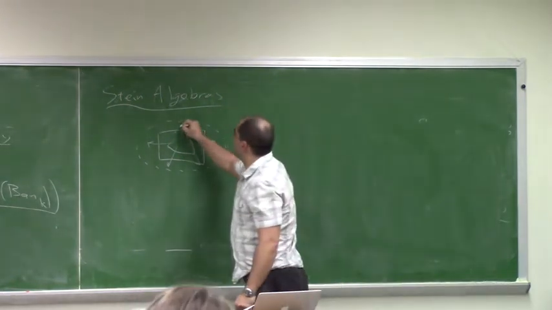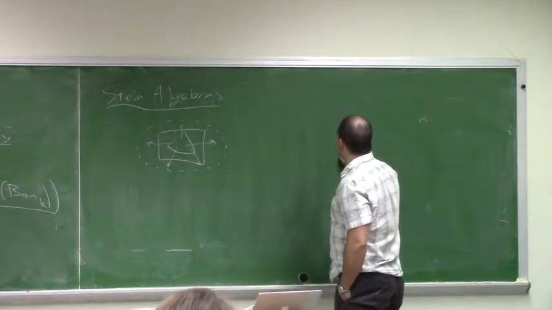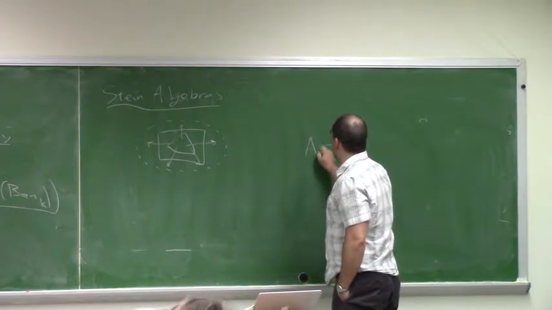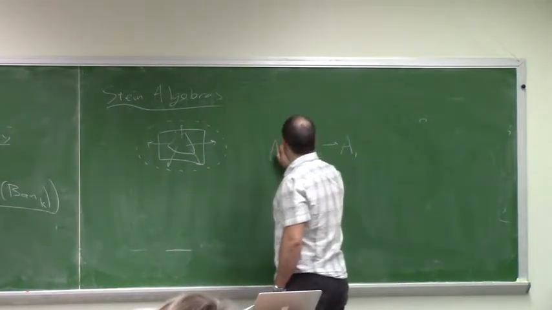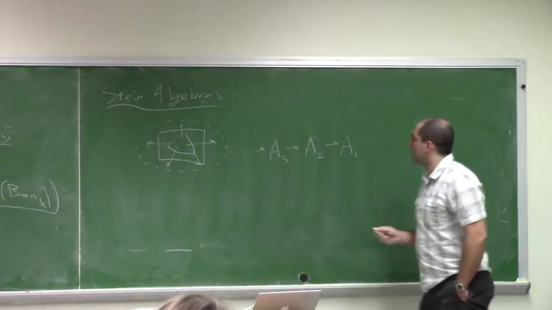So the definition of a Stein algebra is you take affinoid algebras, and you'd like to take some kind of limit. And the nice thing is that in this category, limits also exist.